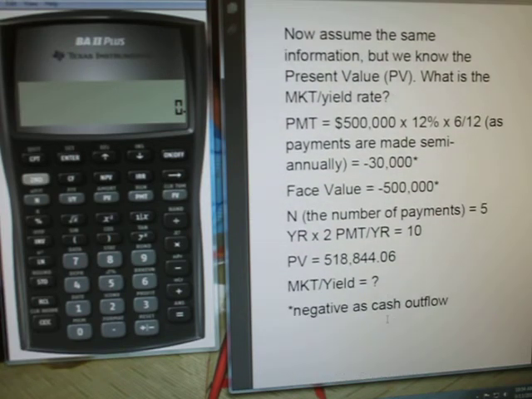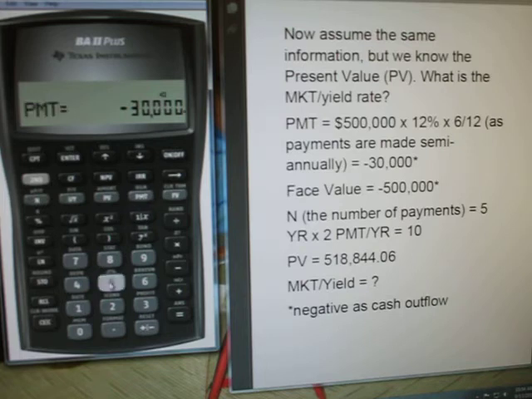Now assume the same information, but we know the present value. What is the market yield rate? We're using the same numbers, so we have payment of $30,000, still a negative as it's an outflow of cash. The face value is still $500,000 negative as it's an outflow of cash.